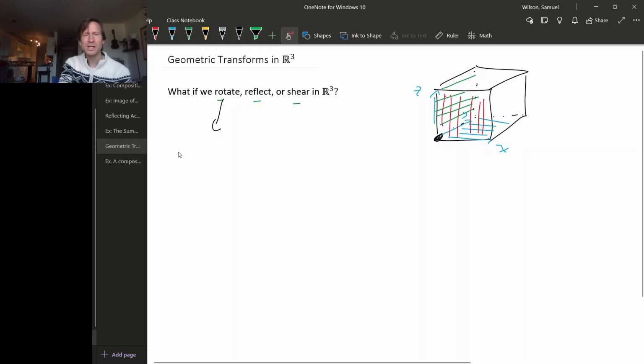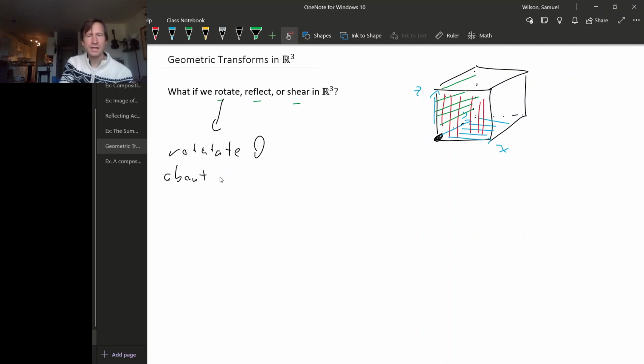As an example, let's rotate an angle theta about the x-axis. Well, if you rotate about the x-axis, the x-axis doesn't change.